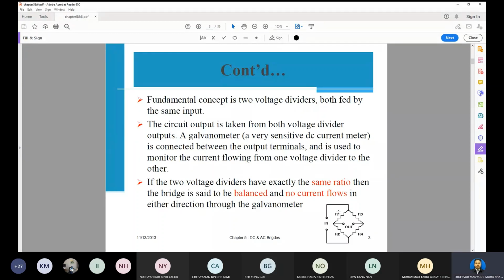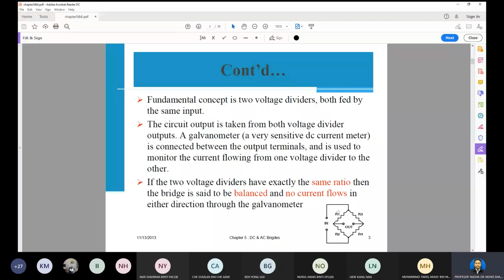So if the circuit is balanced, R1 and R3 have the same voltage, and R2 and R4 are also the same. So there is no current flow here, and the galvanometer indicator will show zero. If this circuit is unbalanced, the galvanometer will show a current value.